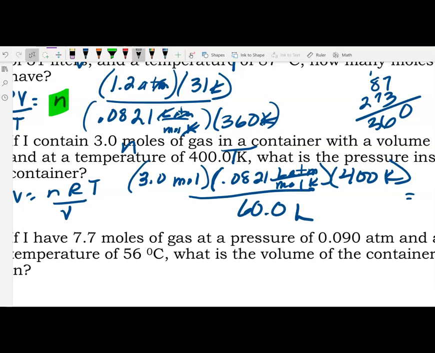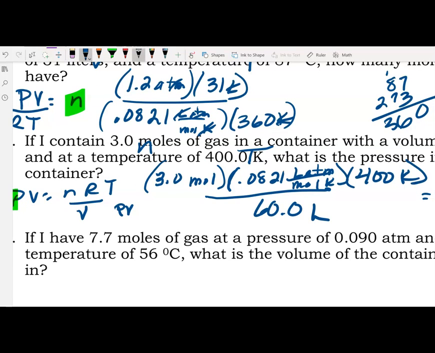So you're going to take number of moles, 0.0821, temperature, that's 400 Kelvin. This is just saying the exact same thing as PV over nT is equal to P2V2 over n2T2.